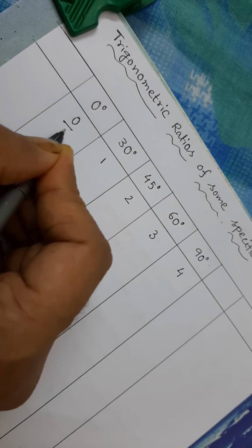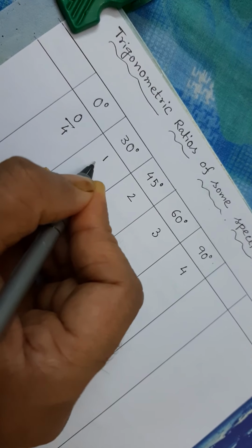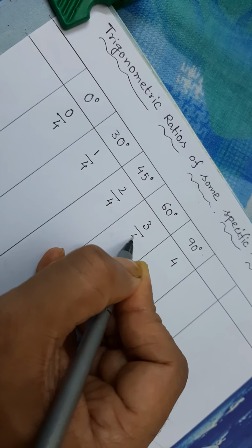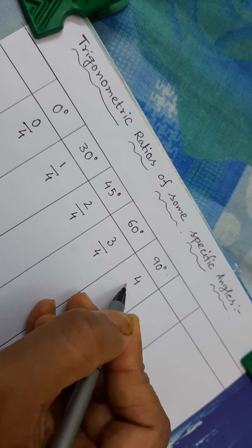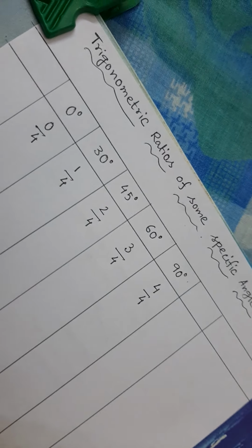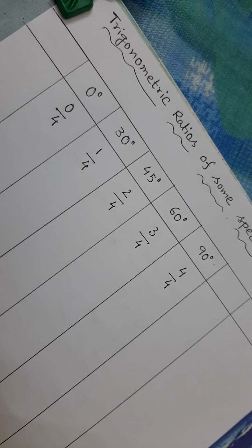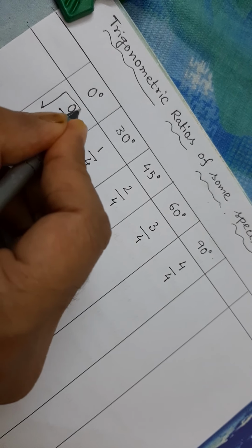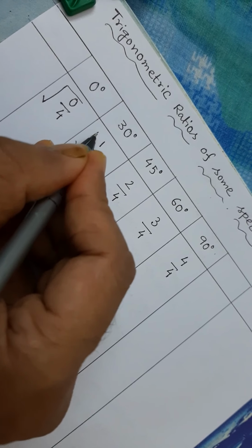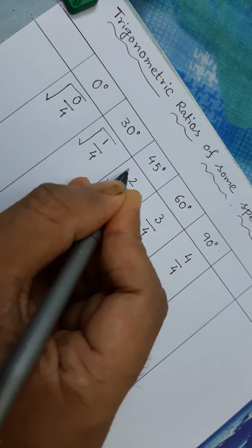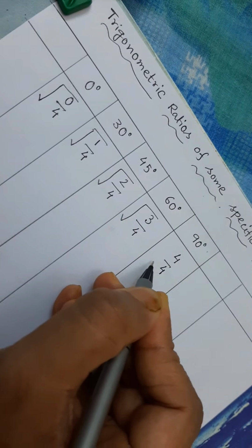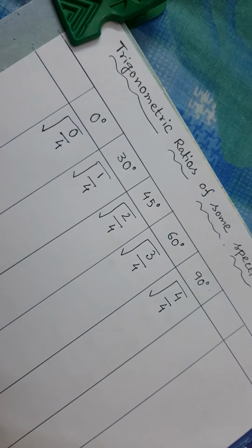That means 0 by 4, 1 by 4, 2 by 4, 3 by 4, 4 by 4. And now find their square root. The square root of 0 by 4, then 1 by 4, then 2 by 4, then 3 by 4, then 4 by 4.